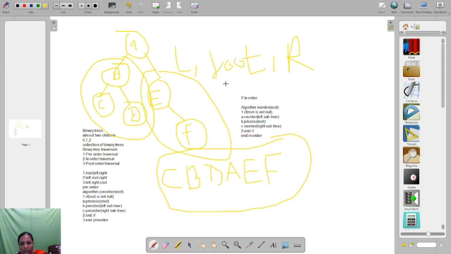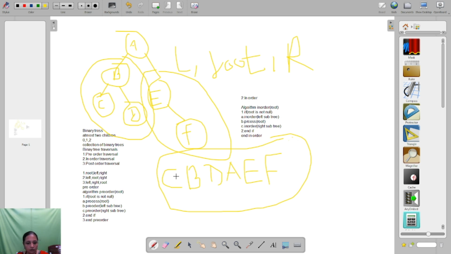Then the second one is root. The left hand side root node is A, so you write A. So left completed, root completed. The third one is right hand side. Left has no child. Then visit root E. Again right F. So finally you get the sequence. So this one is the in order.